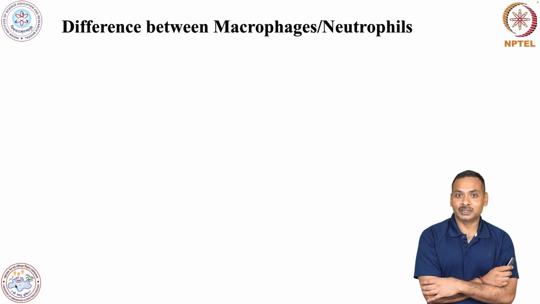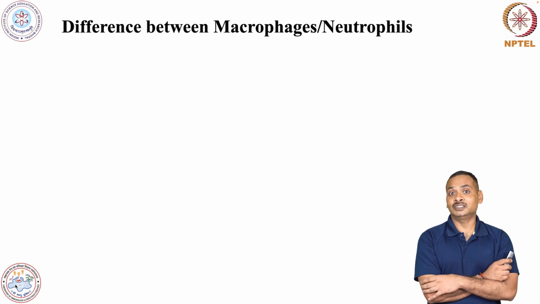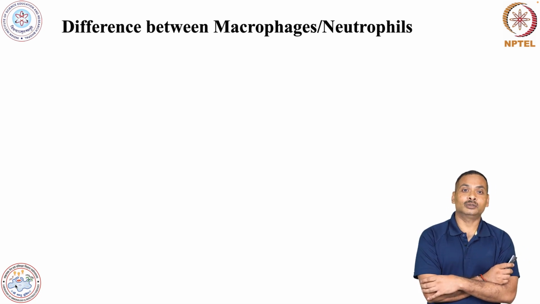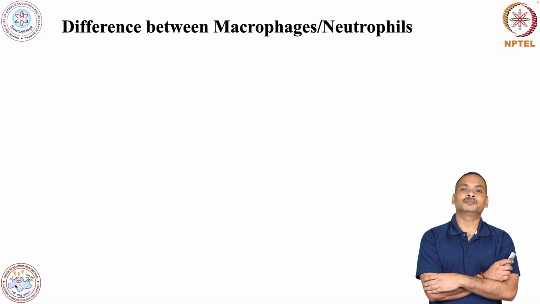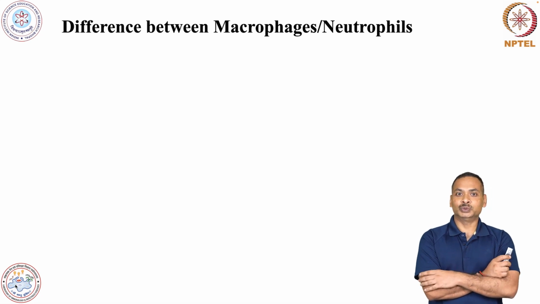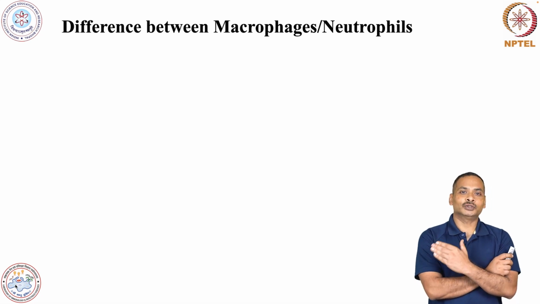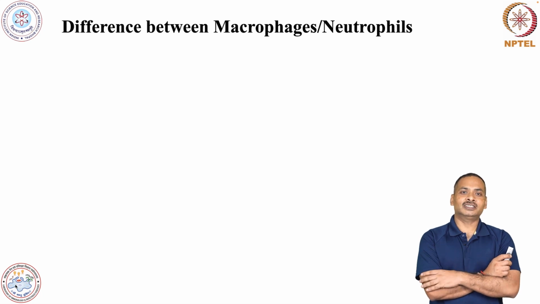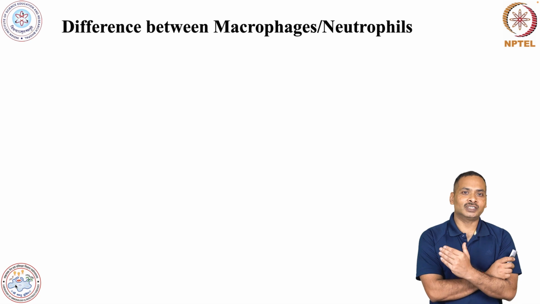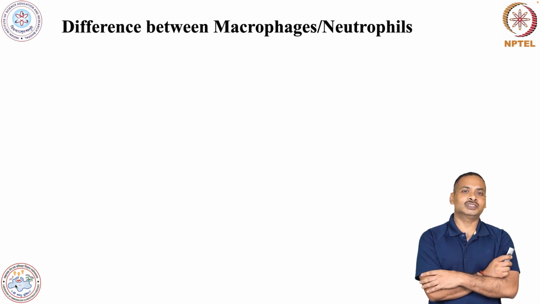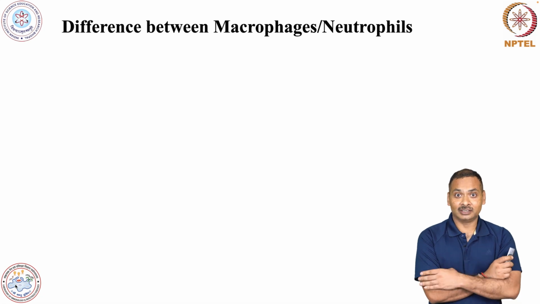If you remember the initial slide or previous sessions where I discussed the origin of these immune cells, then you may remember that macrophages, monocytes and neutrophils originate from the myeloid lineage.